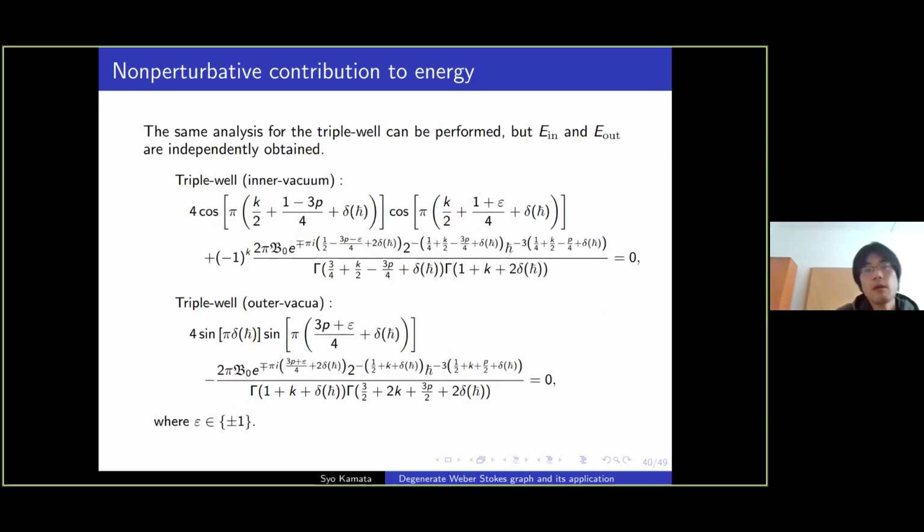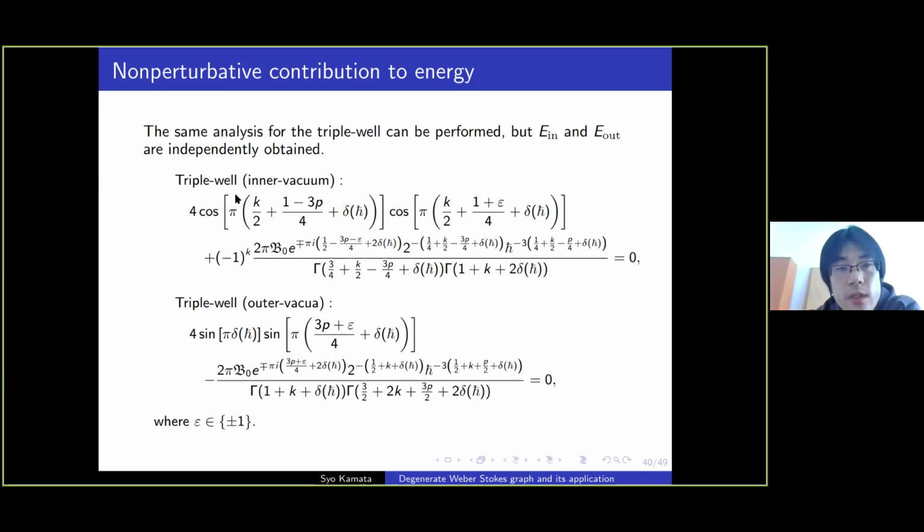And we can also consider the triple well. In the case of the triple well, we have two vacua, inner vacua and outer vacua. So each of them gives a different equation for getting this delta.